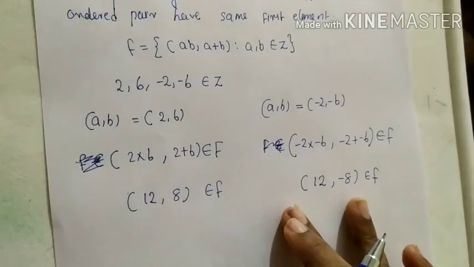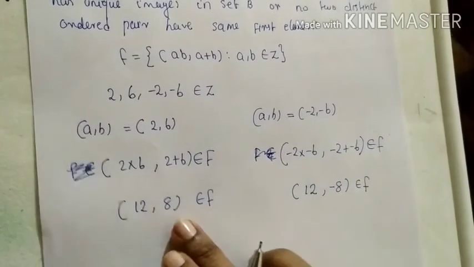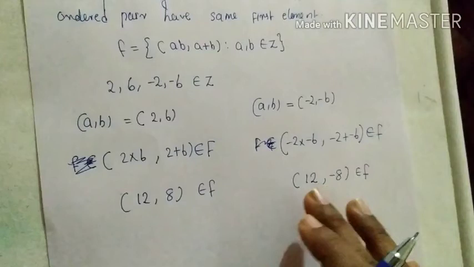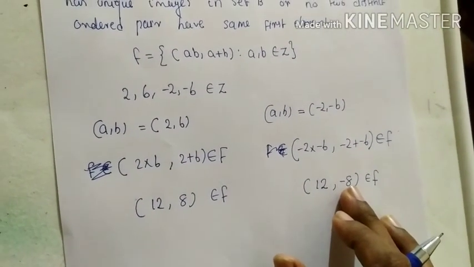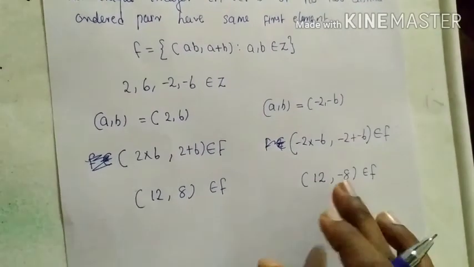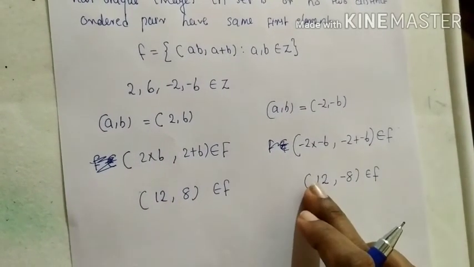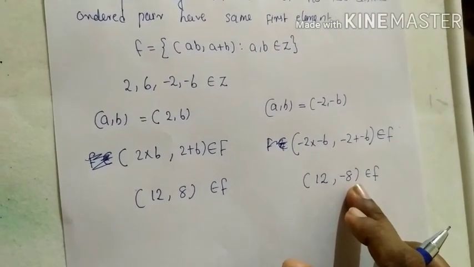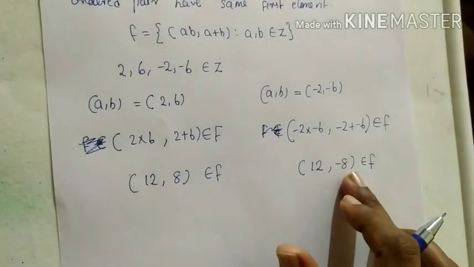That is our relation. If we observe these two ordered pairs, it can be seen that the same first element, that is 12, corresponds to two different images, that is 8 and minus 8. So we can say that the relation f is not a function.